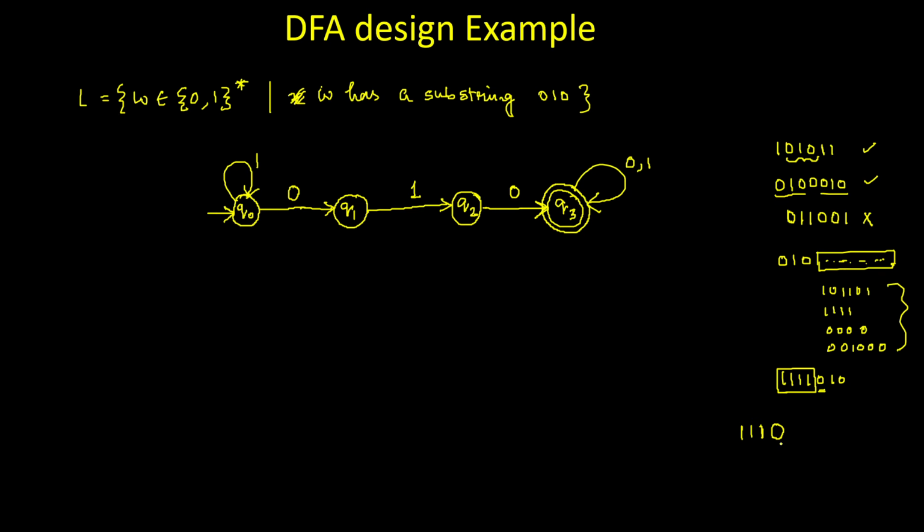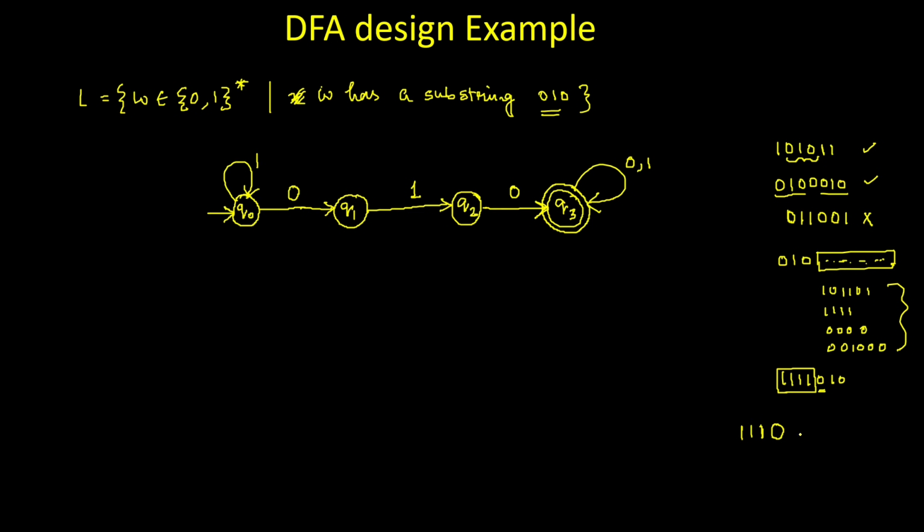the machine may consider, there are two possibilities. Obviously it can be the first 0, the first character of the substring that we are searching for, right? If we take it positively, that this may be the first character of the substring we are searching for, we must have a dedicated path to remember that we have seen a 0. That's why I have kept this one. Fine. But after this 0, I can have two possibilities: I can have a 1 or I can have a 0.